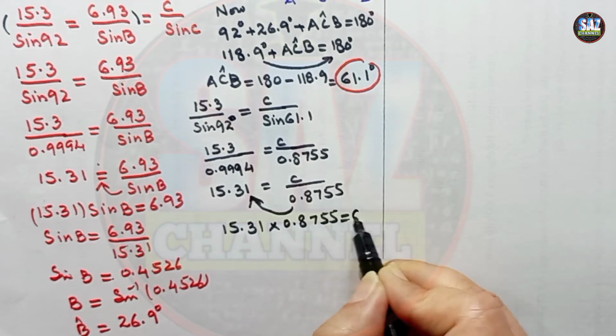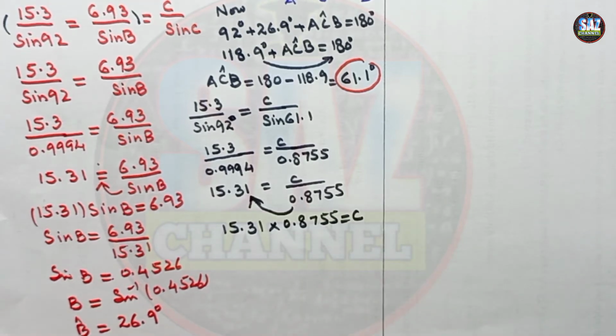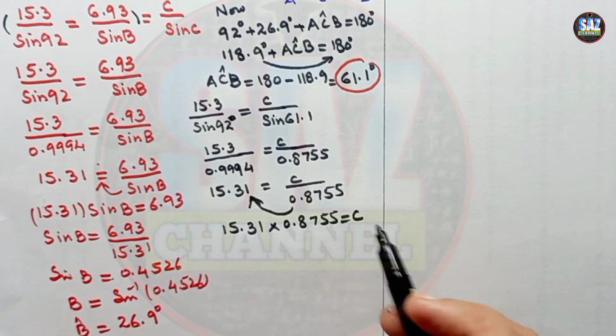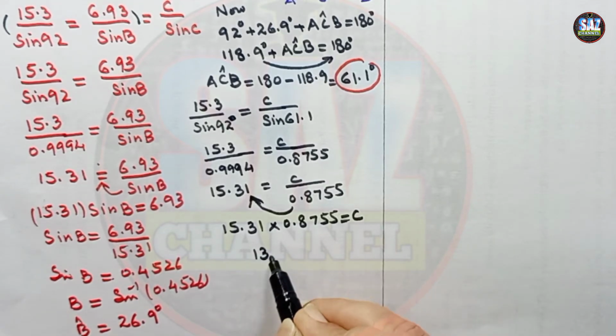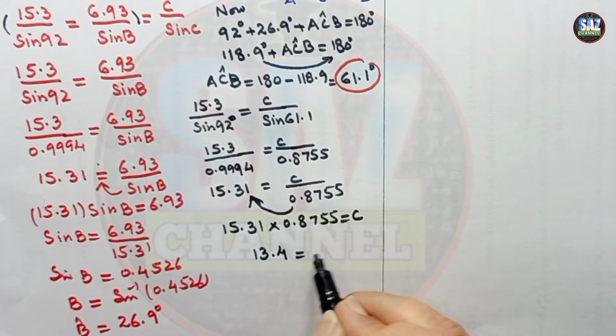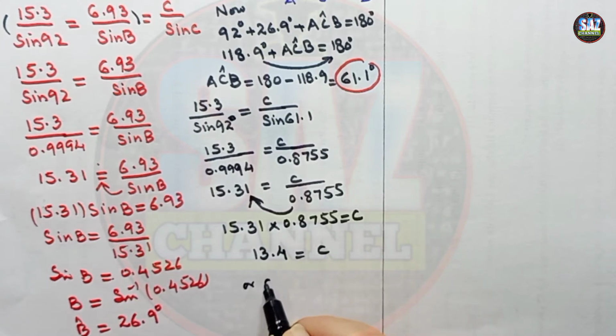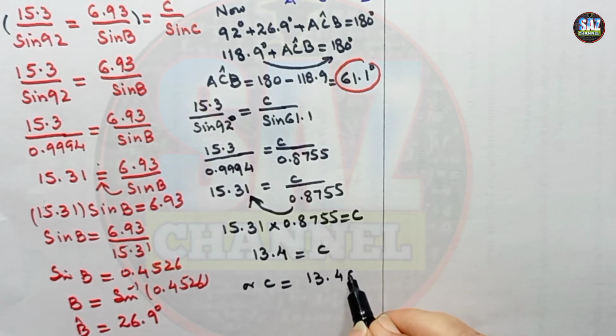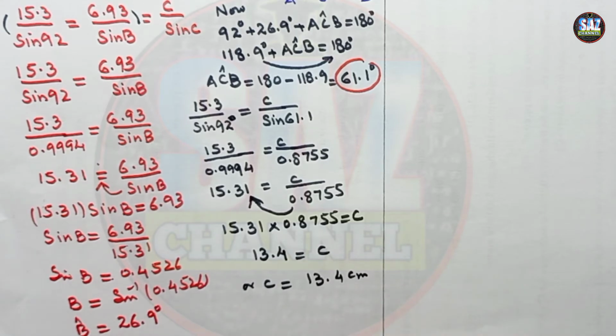So 15.31 multiplied by 0.8755 gives me 13.403. So C equals 13.4, and as the measurements are in centimeters, I have to mark centimeter with this.